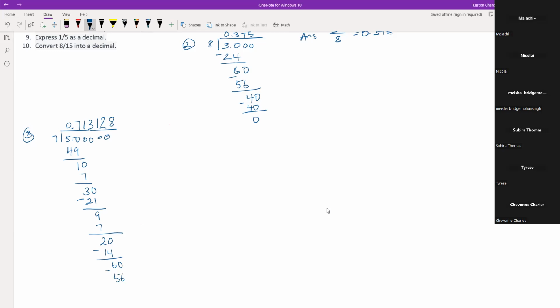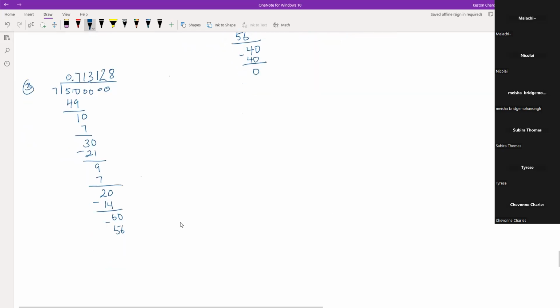Otherwise you'd be going on and on and on like this. Another 0. 50. You go again. So this should be a long number. So you could stop there. I wouldn't go any further.